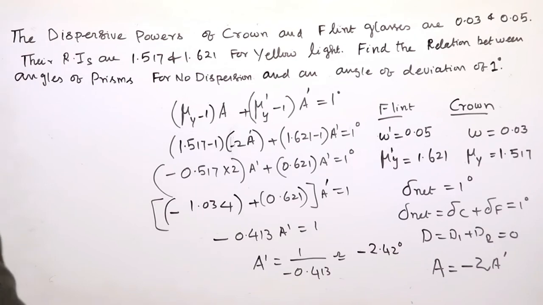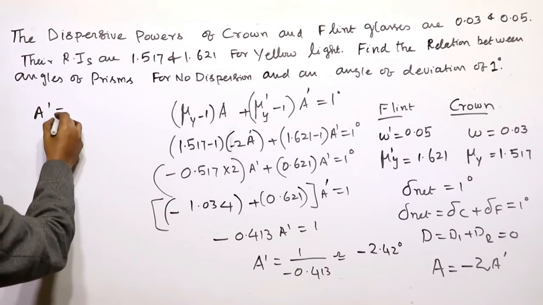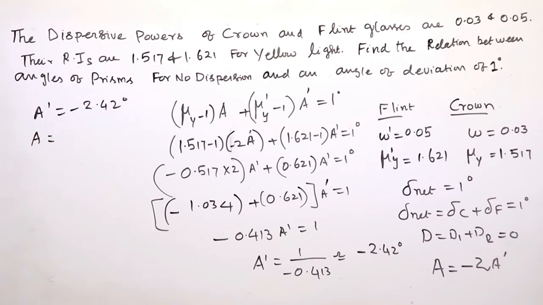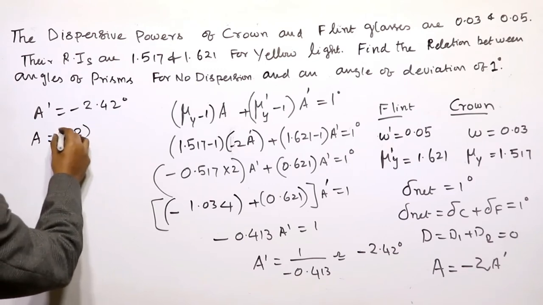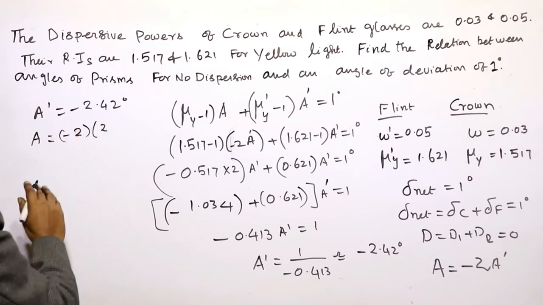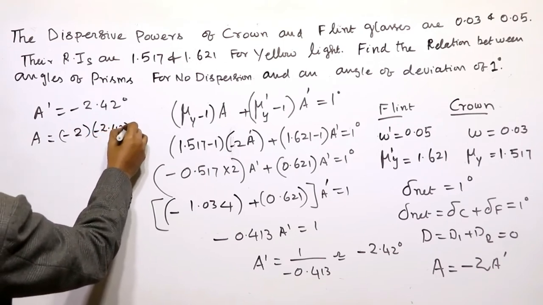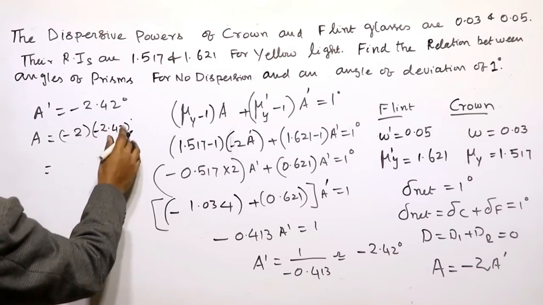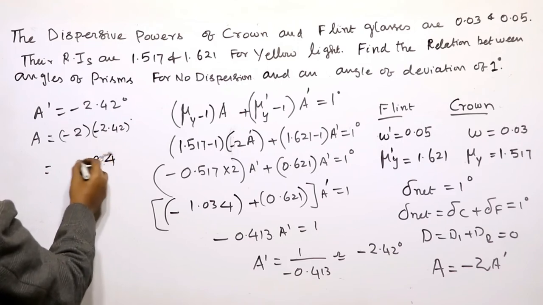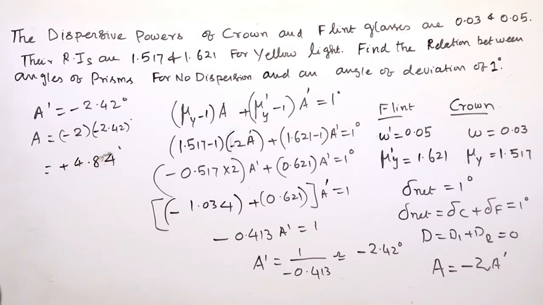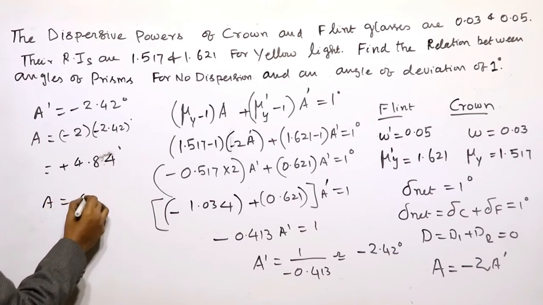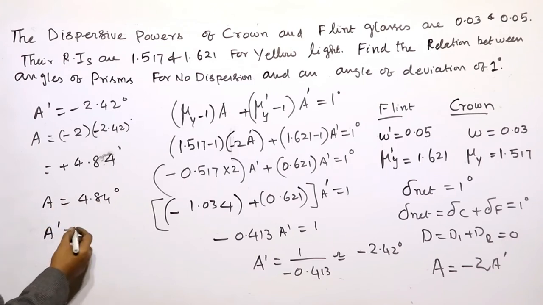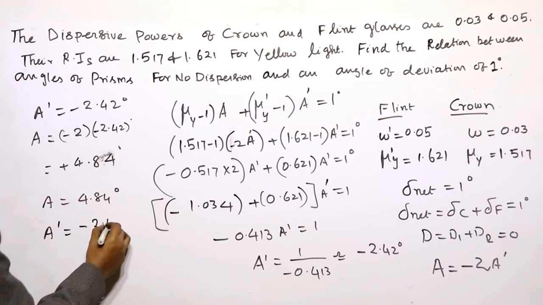Therefore the angle of prism of flint glass is minus 2.42 degrees, and A is minus 2 into A dash, that is minus 2 into minus 2.42 degrees, which comes to 4.84 degrees. So A is 4.84 degrees for crown glass, and minus 2.42 degrees for flint glass.